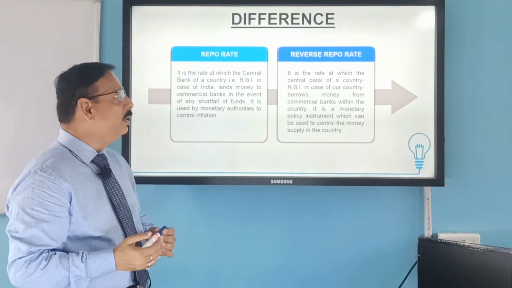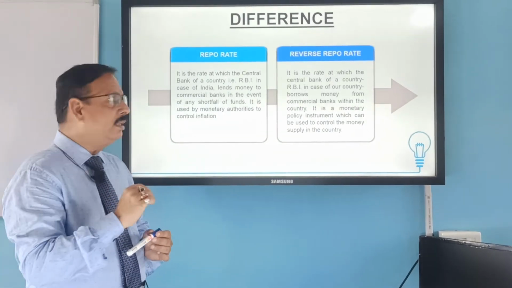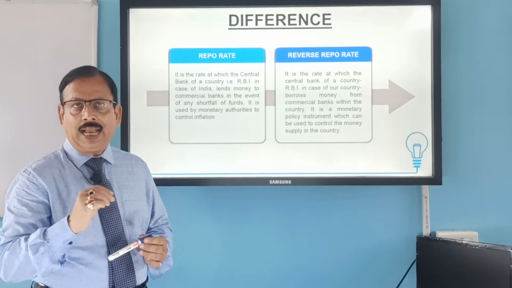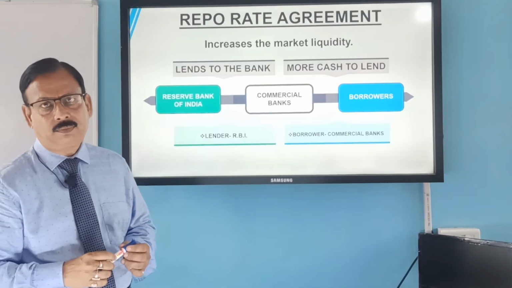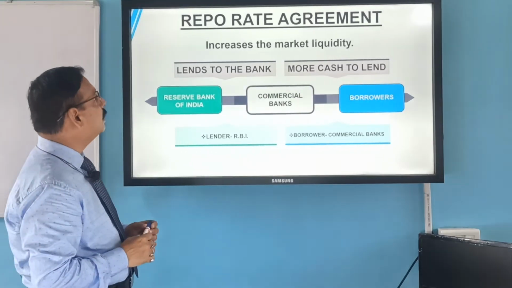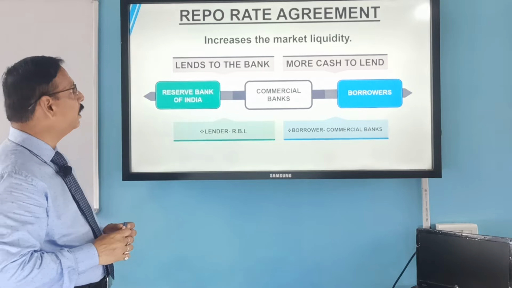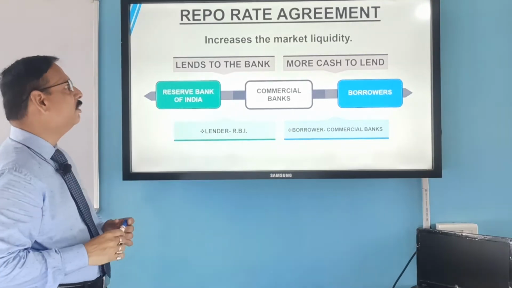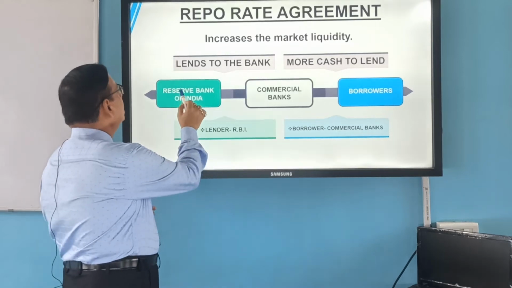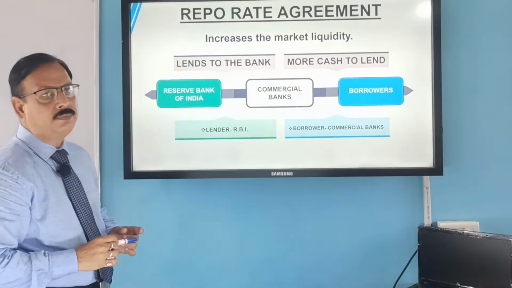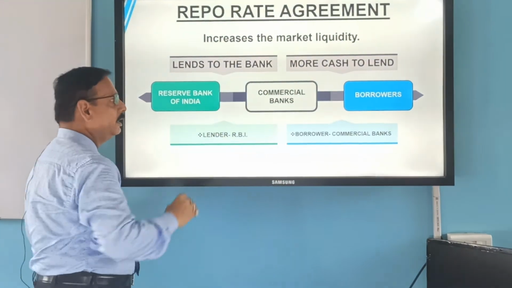Now, let us understand this difference clearly with the repo rate agreement and reverse repo rate agreement. See, repo rate agreement. It is clearly mentioned over here. Here is the Reserve Bank of India. What is doing? Lending money to the bank. To whom?